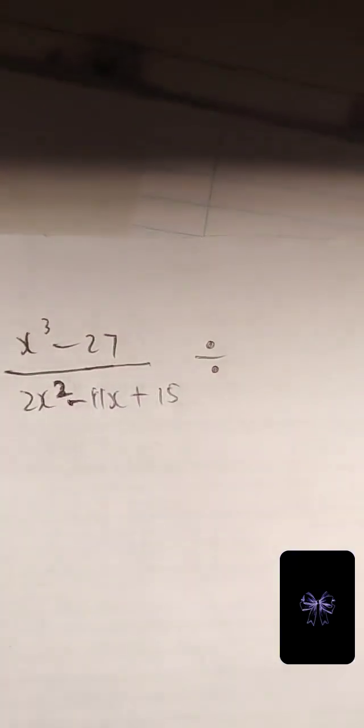It must be a squared. Not cubed. Yes. So 2x squared minus 11x plus 15, divided by x squared plus 3x plus 9, divided by 5 minus 2x.